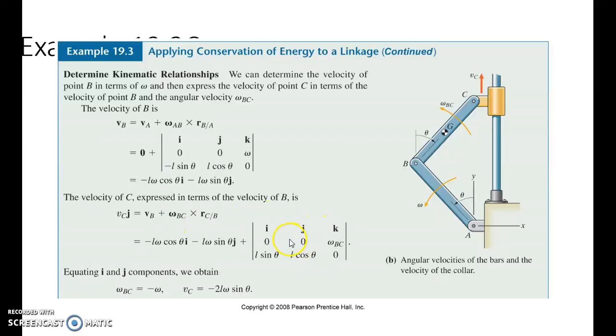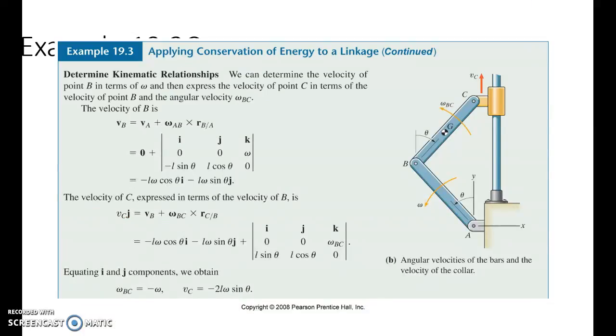So I do my cross products, and I know that for a vector equation, if it's correct, then the J component on the left must be the J component on the right, and the I components on the left must be the I components on the right. So if we equate those components, we end up with the following. We end up with omega BC being minus 2L omega sine theta.